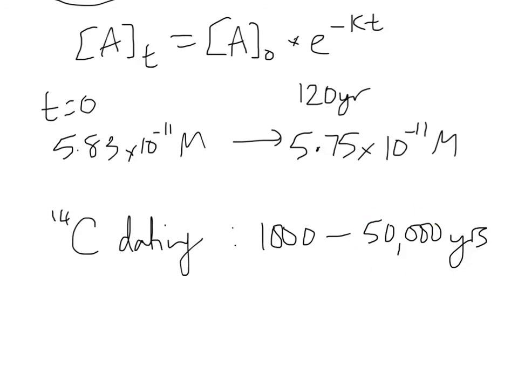Well, after about 50,000 years, there's hardly any carbon-14 left. It's really difficult to measure that concentration. The geologists will know that there are lots of other radioactive atoms that have a much longer decay period, for instance potassium, uranium, lead. With these, you can date things on the order of millions or billions of years.